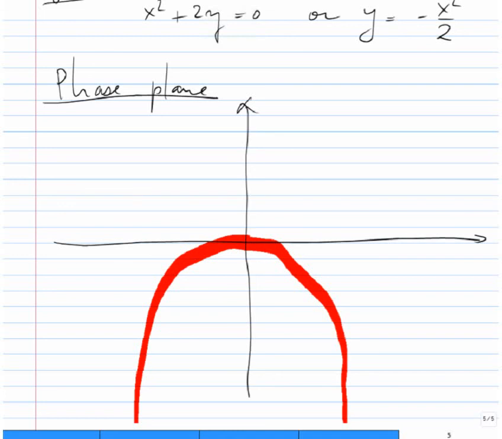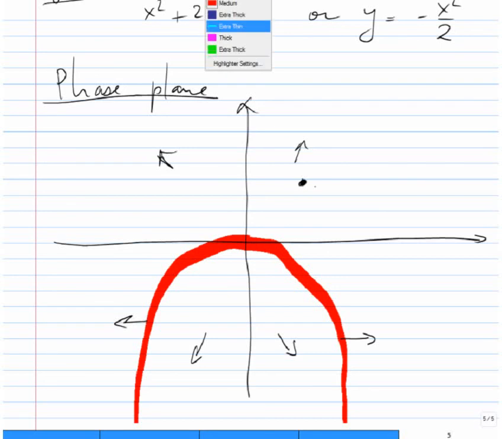If we take the arrows, we'll find that the arrows are like this here, going down here, and up, up, up, and here as well, up. So if we take the initial condition, which is (1, 2), around here, then the solution goes up like this. That's the blue one. Okay, thank you.